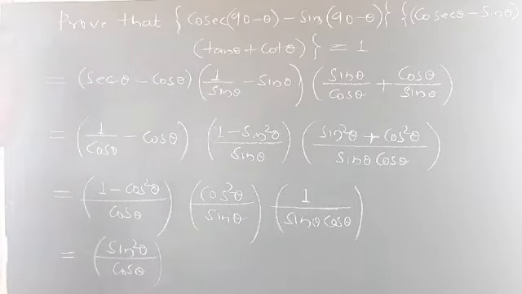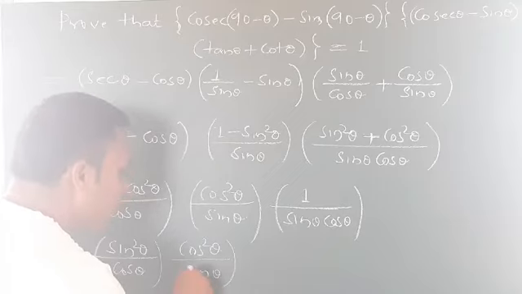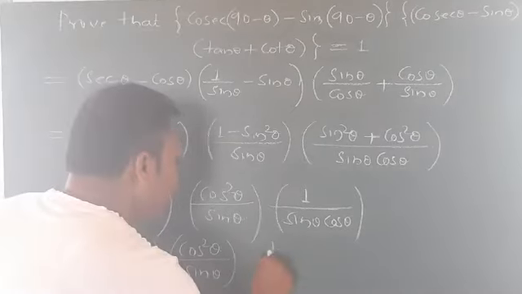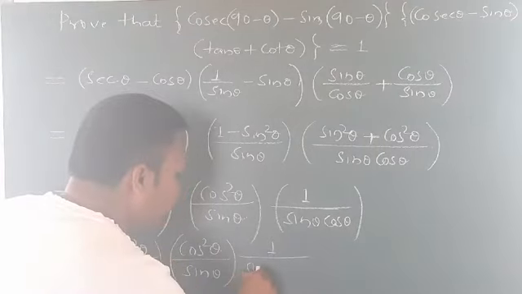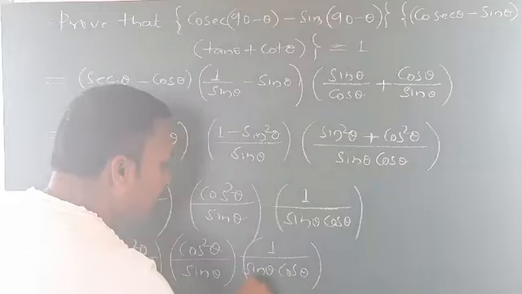Now you can keep this as it is: cos square theta by sin theta, and this is again 1 by sin theta into cos theta, keep the brackets.